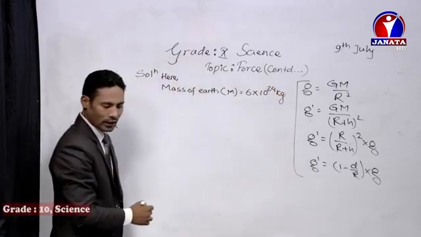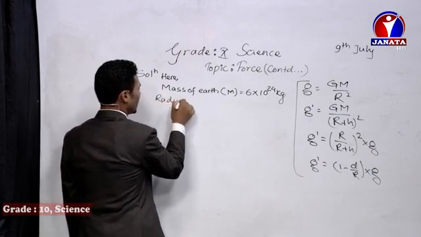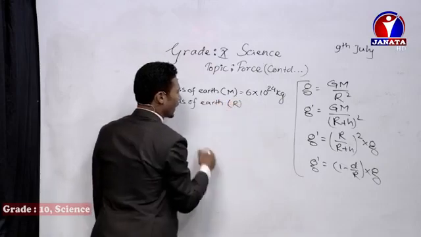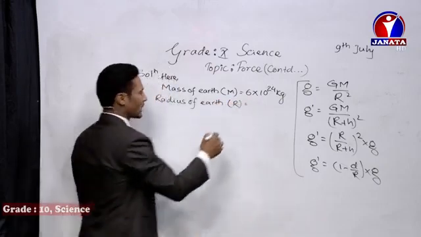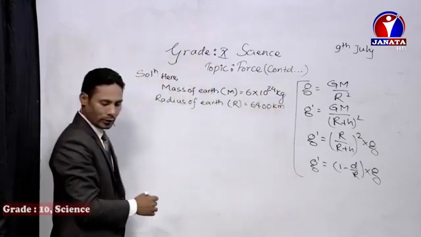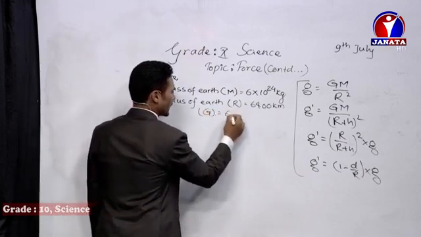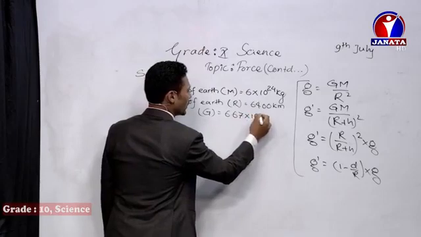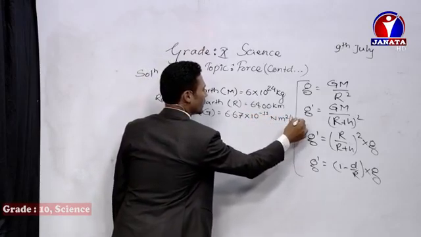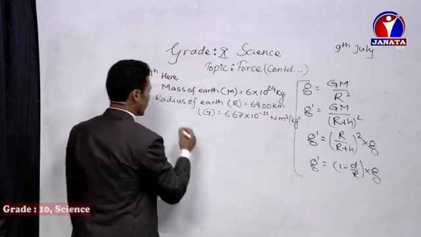Similarly, the radius of Earth is given, which I'll represent by R, 6400 kilometer. And one more piece of information is given, capital G, which equals 6.67 into 10 to the power minus 11 Newton meter square per kg square. So these things are given, and we need to find the acceleration due to gravity.